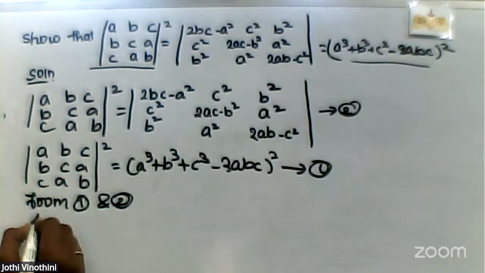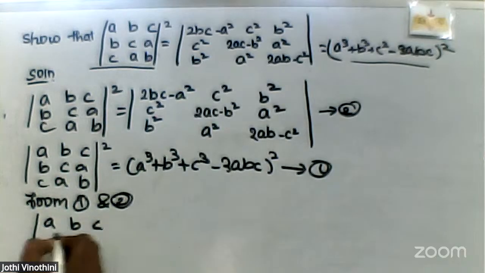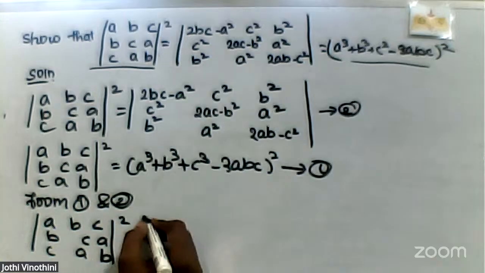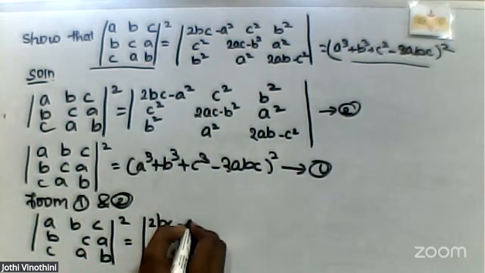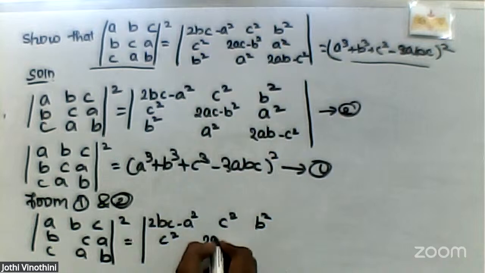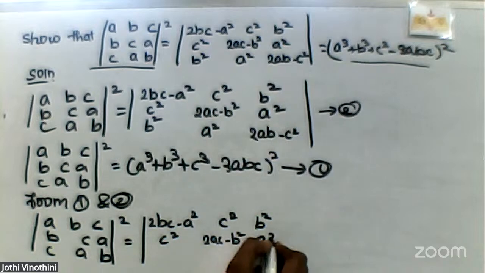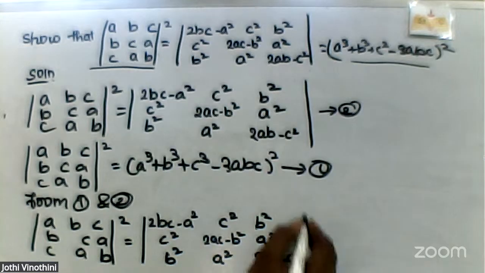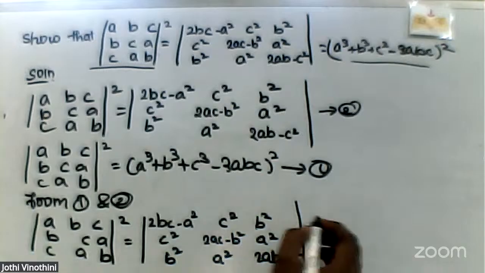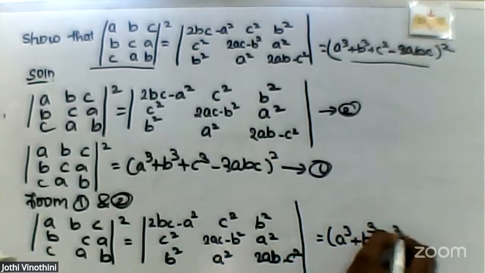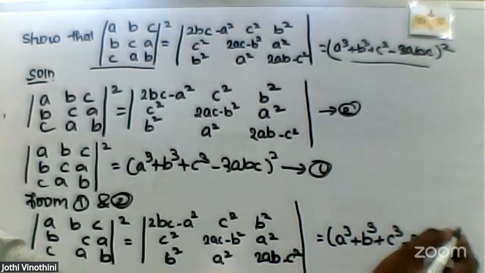So we can write the determinant A B C B C A C A B the whole square equals 2BC minus A squared, C squared, B squared, and C squared, 2AC minus B squared, A squared, and B squared, A squared, 2AB minus C squared, which is equals A cube plus B cube plus C cube minus 3ABC the whole square.